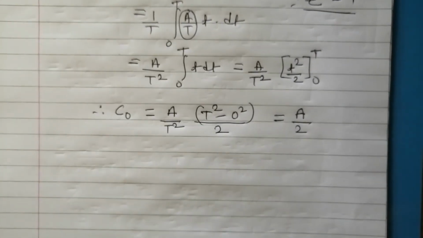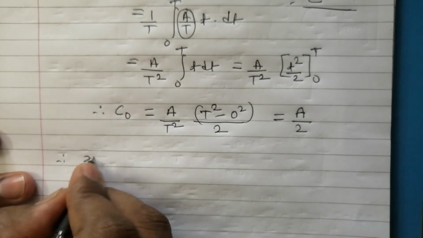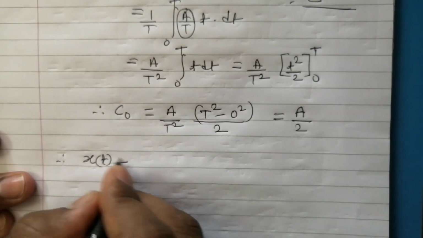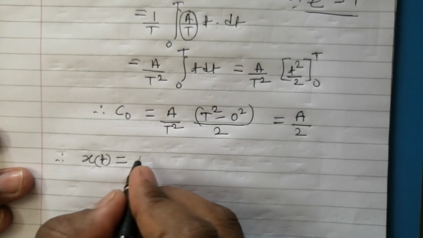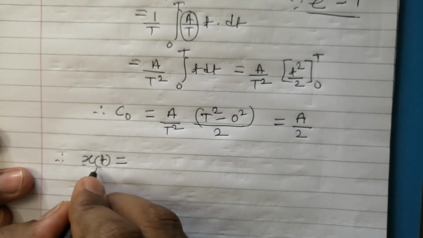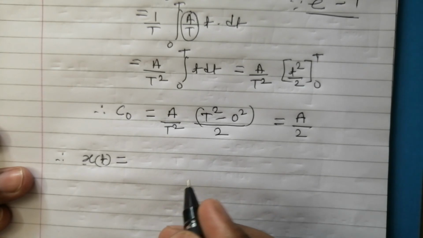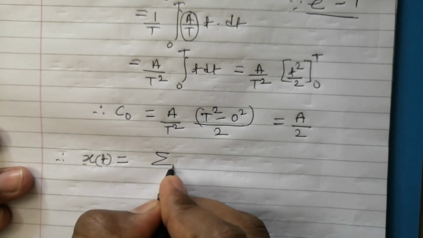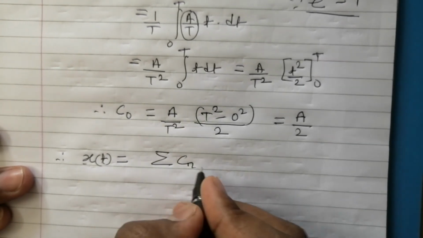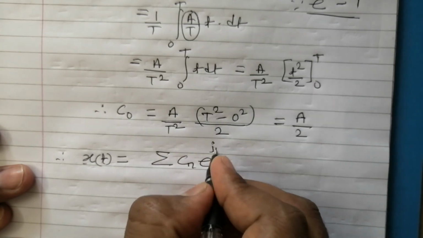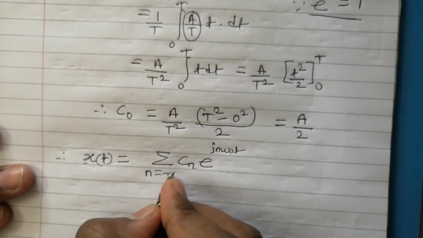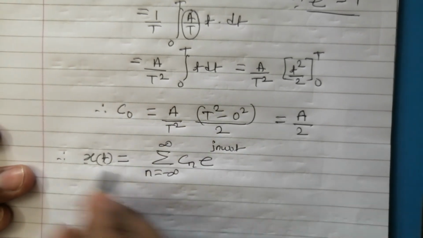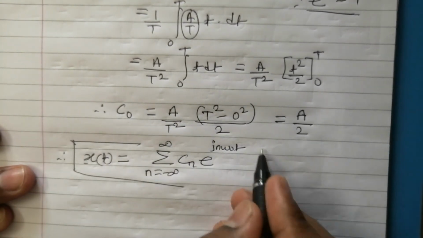So the result will be A by 2. Therefore we can express this x of t using exponential Fourier series as, what is the expression for x of t by using exponential Fourier series? That is summation Cn e raised to power j n omega naught t, where n is from minus infinity to infinity. So this is our standard expression.